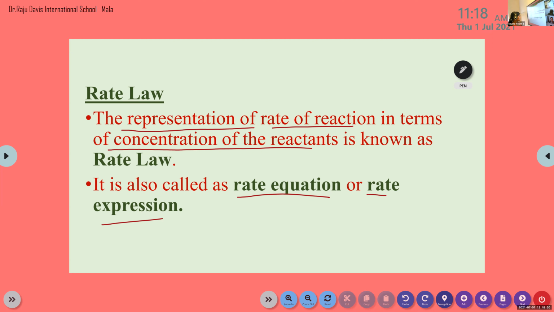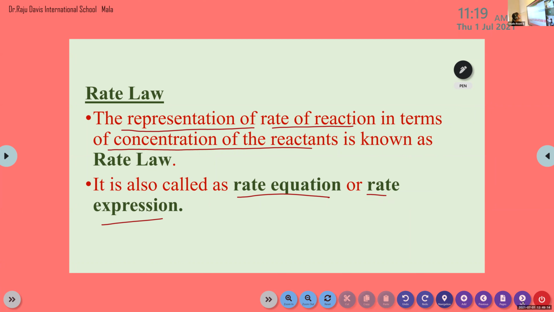It is also called rate equation or rate expression. Is this clear? Then we are going to derive this rate law for a general chemical reaction.